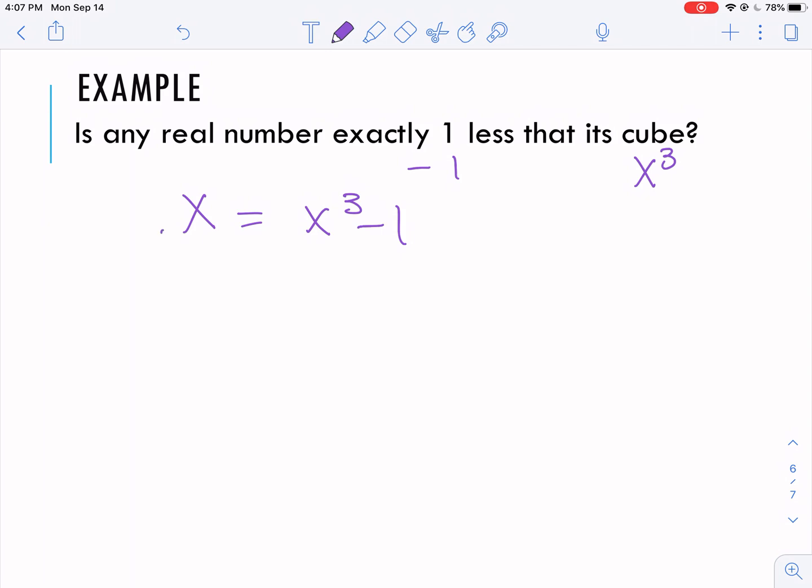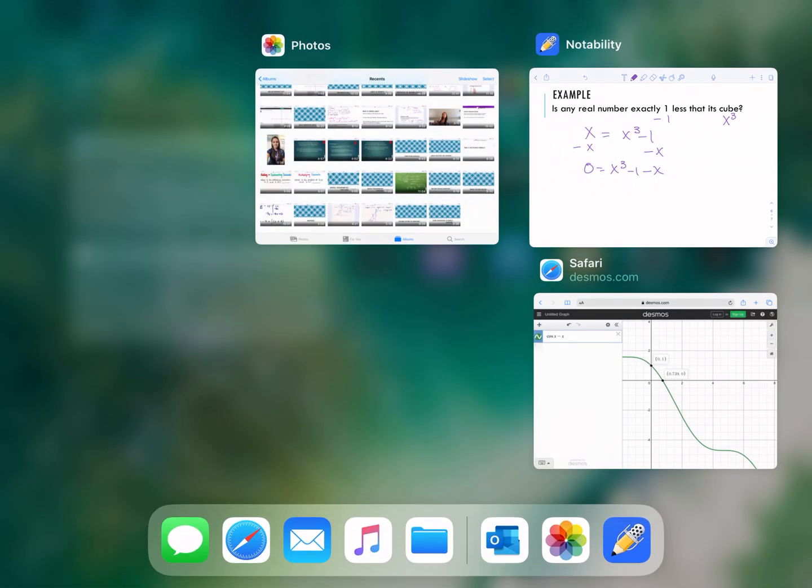Like the last one, we're set up in a situation where I am going to subtract x, so there needs to be some instance where I change from a positive to a negative or a negative to a positive.